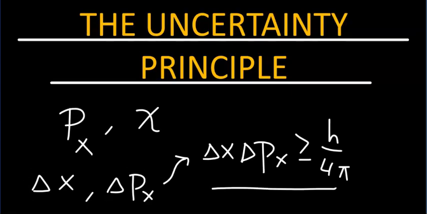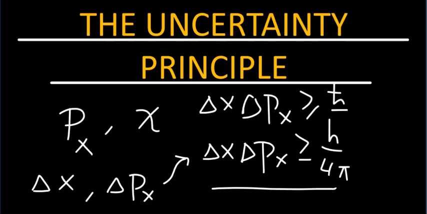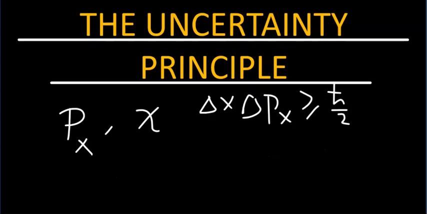Sometimes this inequality can also be written in terms of h bar, like that, where we know h bar equals h over 2 pi. We have seen that before. We note here there is nothing special about the x-axis.